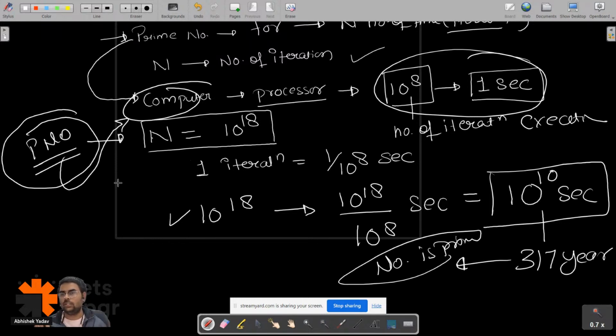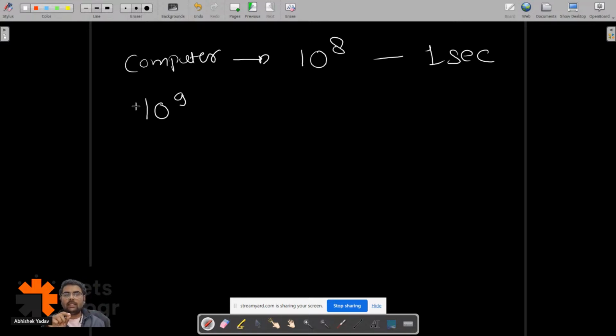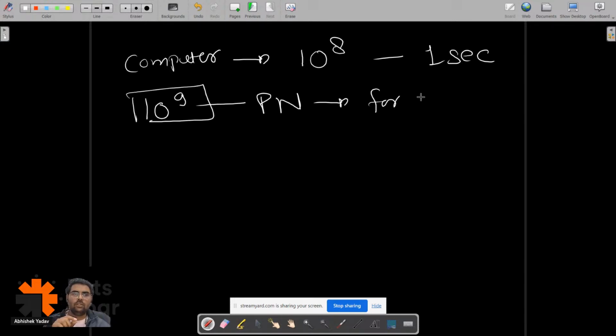But the solution is not everything. Our computer is taking a lot of time. Till this point everyone is clear? Similarly, if I say the same configuration, same computer, 10 to the power 8 iterations in 1 second, and I have to check whether 10 to the power 9 is a prime number or not, you are using one for loop inside your program that does n iterations.